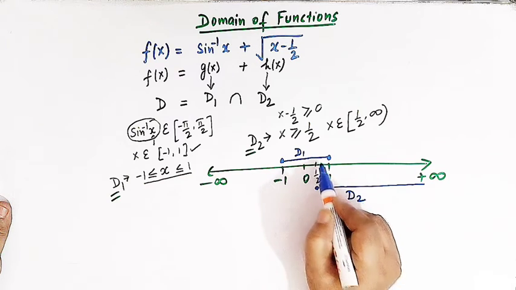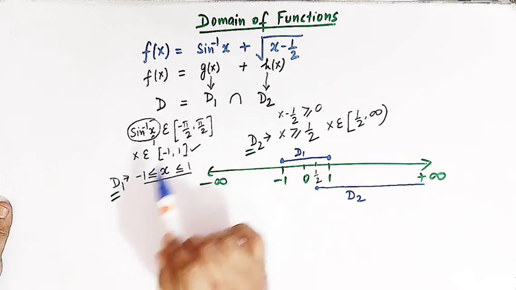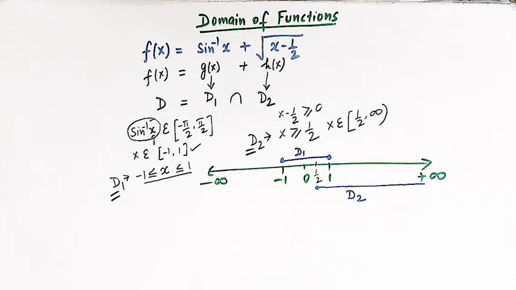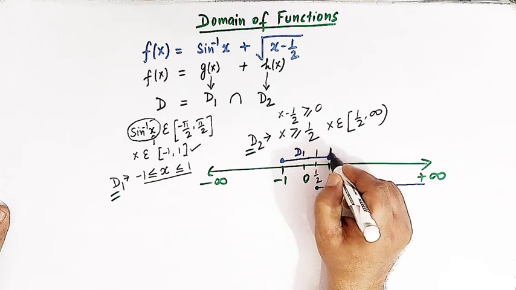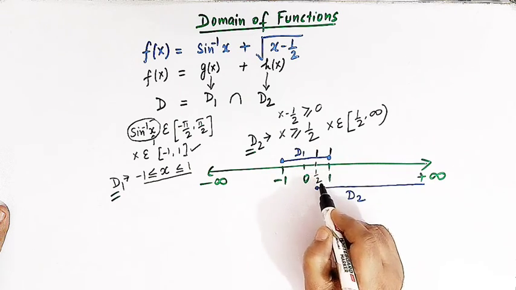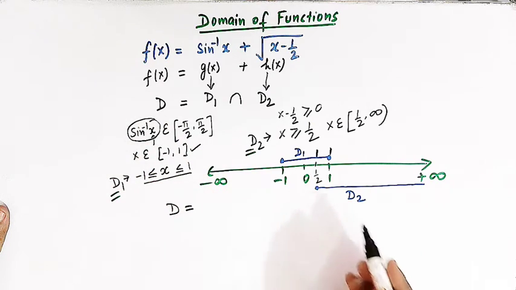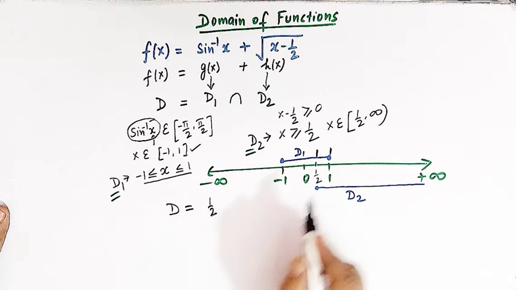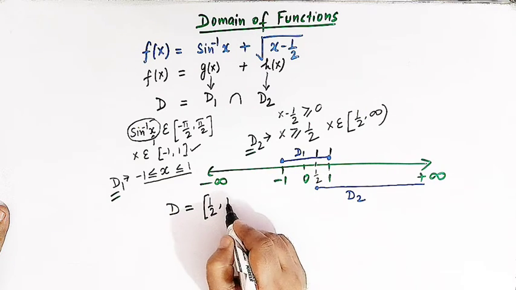Now we have to identify the common region which is lying between these two domains, that is d1 and d2. And from this representation, we can easily see that this region, that is from half to 1, right? So this part is common to both these domains, right? So d can now be written as from half to 1, right? So half is also included, and here 1 is also included, right?